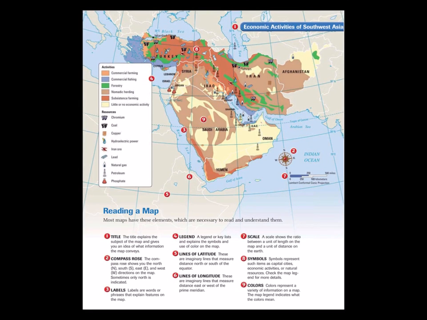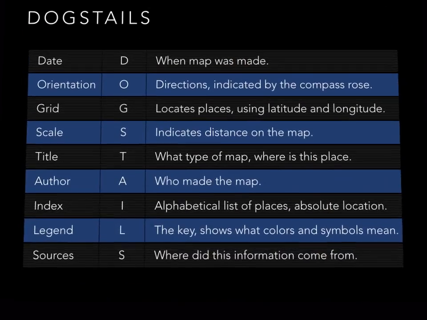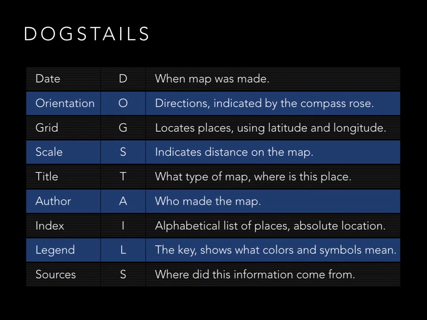Here you find a map with the title Economic Activities of Southwest Asia. You may want to pause here a minute and look through the directions of how to read a map and identify each of the sections on the map. Some people use dog's tails in order to describe a map.